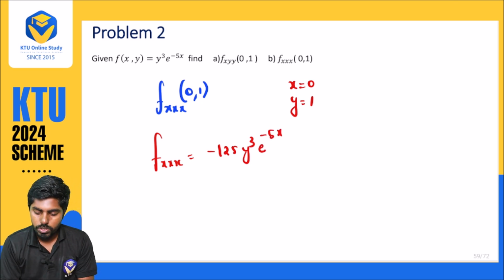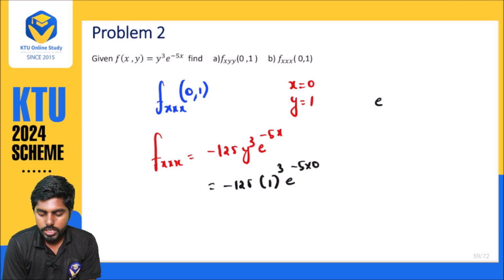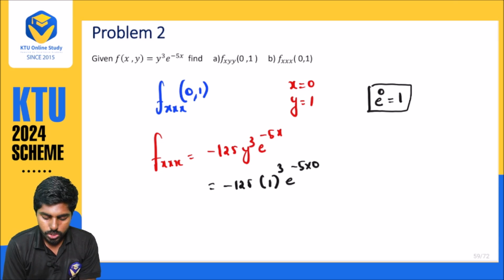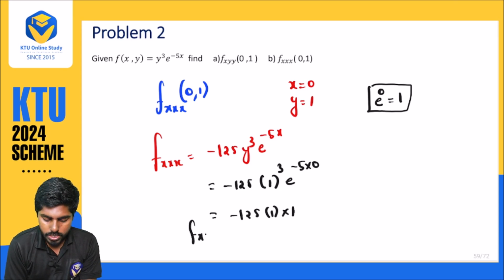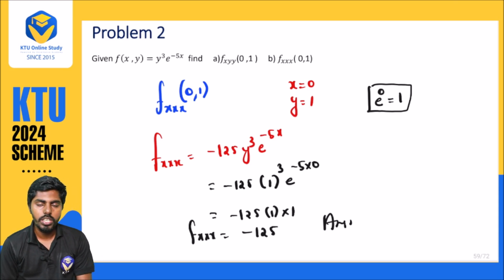Substituting, minus 125 times 1 cube times e power of minus 5 into 0. We know e power of 0 is equal to 1. So minus 125 into 1 into 1. We get minus 125 as the answer. This is our required answer.